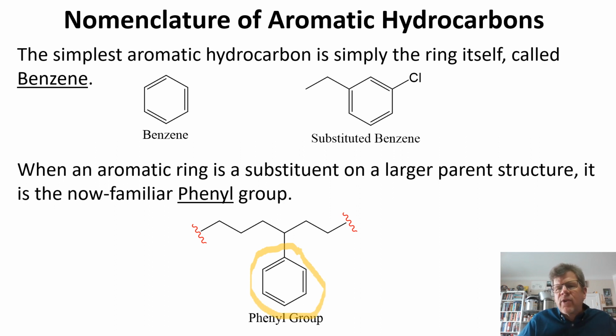And a common misnomer or mistake is to call that a benzene group as a substituent. It is not. It is called a phenyl group, something we've looked at before. And so it's important to make that distinction. It's tempting to call that, well, that's a benzene group, and here's a chloro group, and that sort of thing. No, it's a phenyl group.